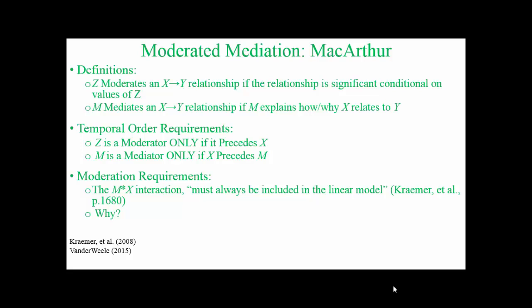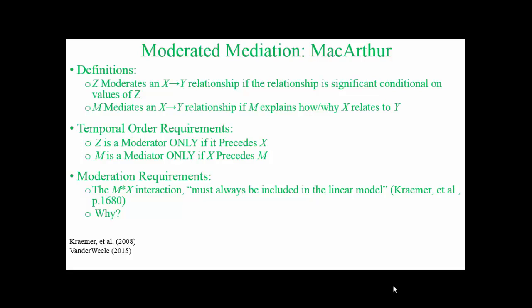So keep this in mind before you do your dissertation. Z is a moderator only if it precedes X. So what they're saying is collect data on your moderator first, and then if X, for example, is treatment control randomization, randomize only after you have your moderator data.